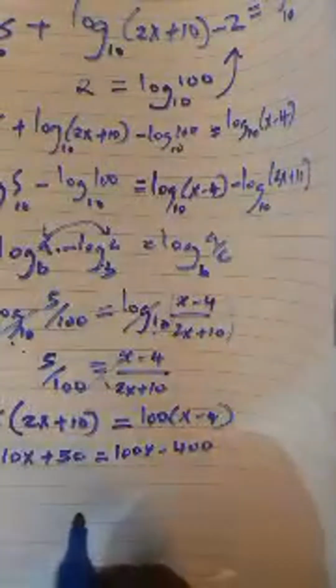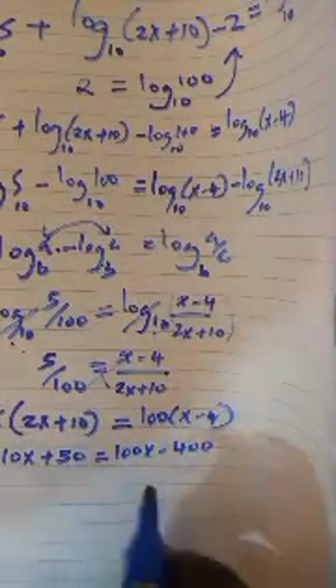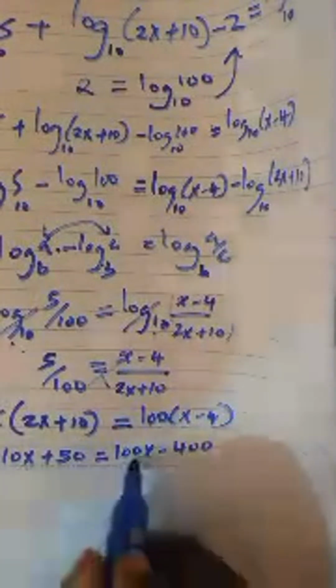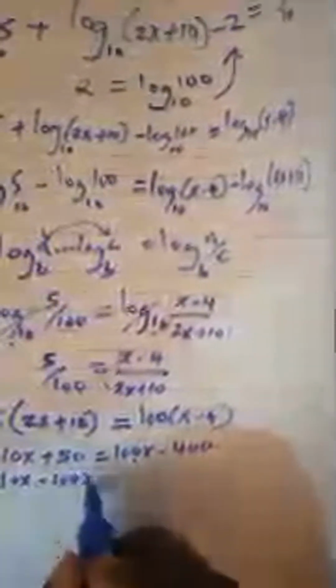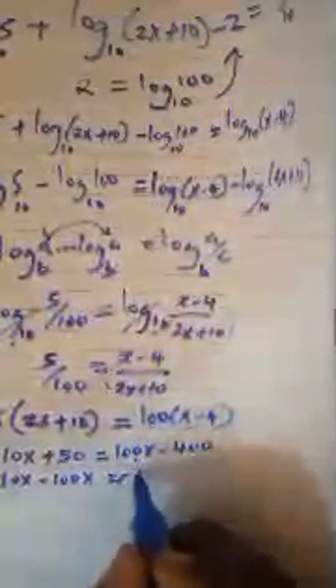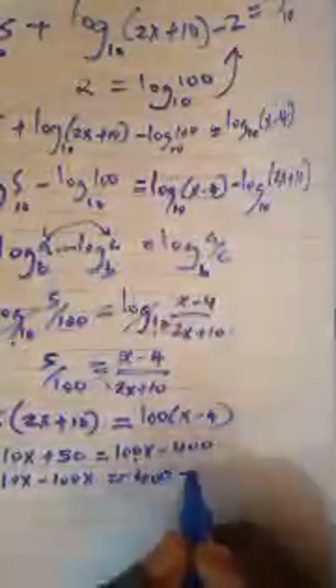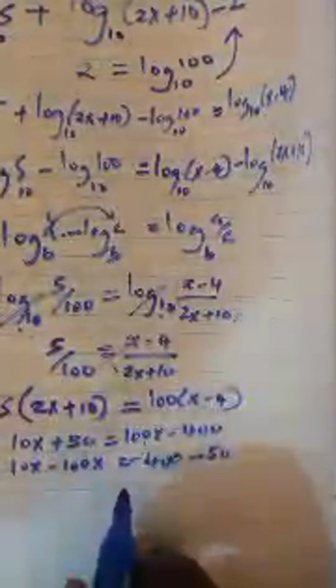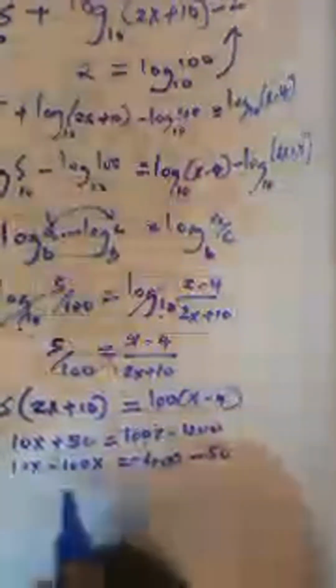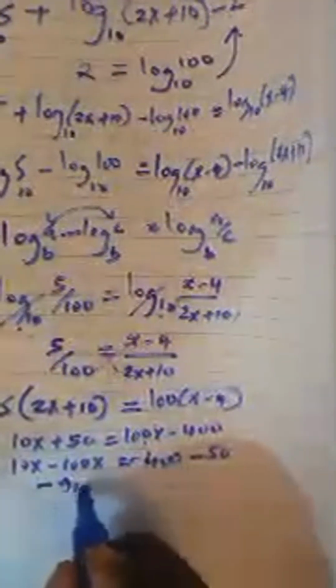Next, I can collect like terms again. 10x minus 100x is equal to negative 400 minus 50. So this is negative 90x.